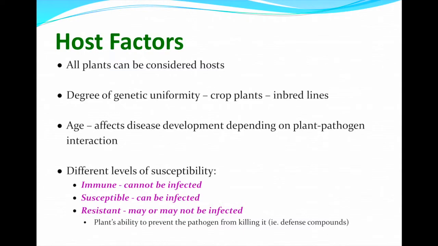So all plants, even the hardier plants, can be considered host of some sort of pathogen, whether it's common or not, doesn't really matter. When you think about crop plants, or a lot of the plants that we usually put out into our gardens, we're monoculturing. And that's done for a variety of reasons. It's very beneficial when you're wanting to make sure you have uniformity and marketability of your fruits and vegetables. But also in how we are going to be planting those and harvesting those.